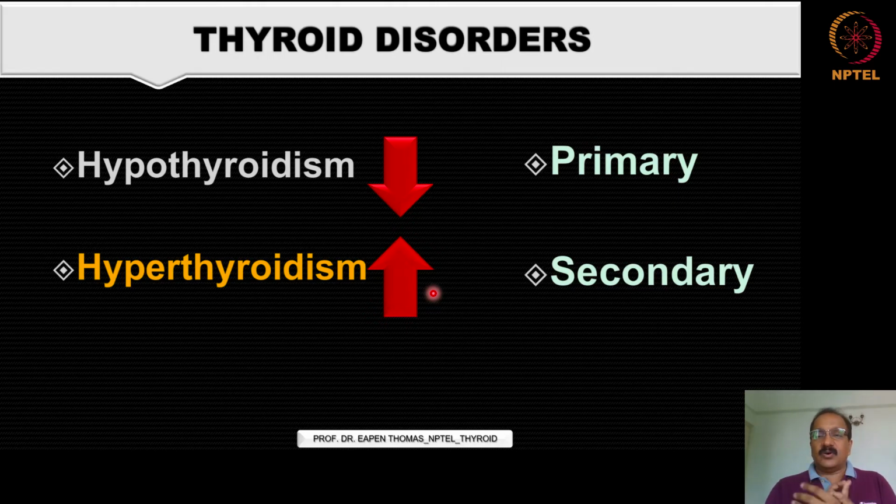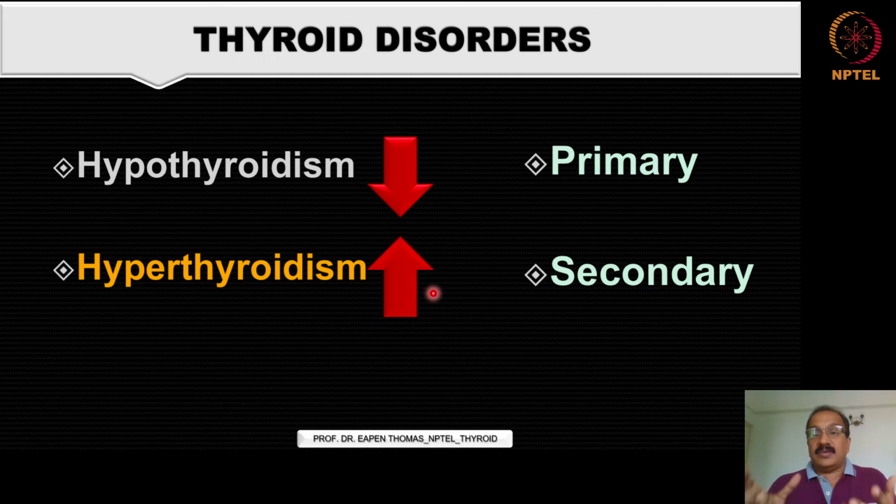So that is when we call it a primary disorder. If the disorder is associated with the thyroid gland and the gland doesn't secrete your thyroxine hormone, we call it primary hypothyroidism. If there is an excess secretion by the gland because of some tumor or something like that, we call it primary hyperthyroidism.